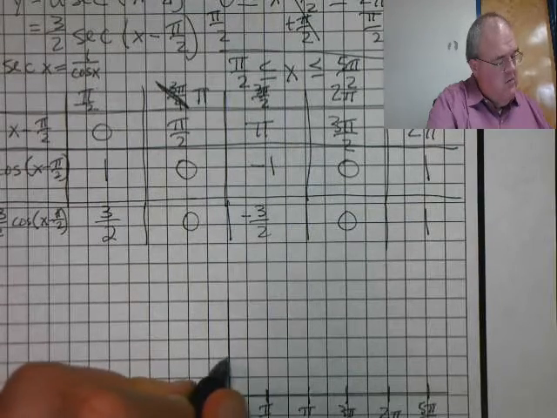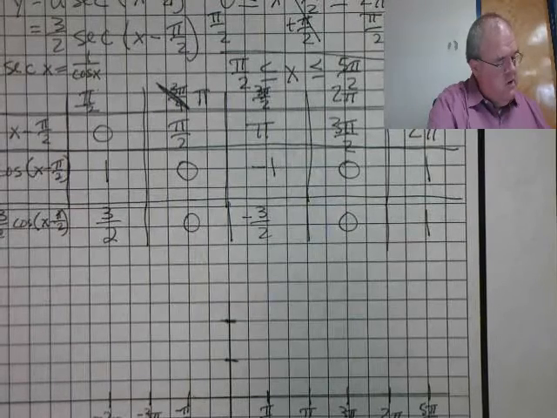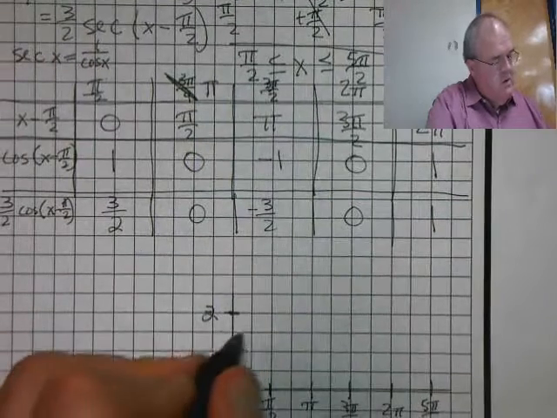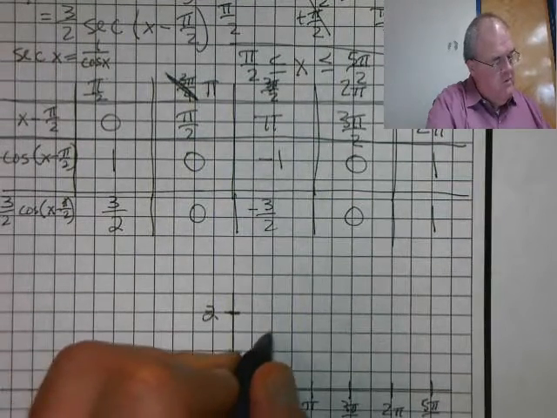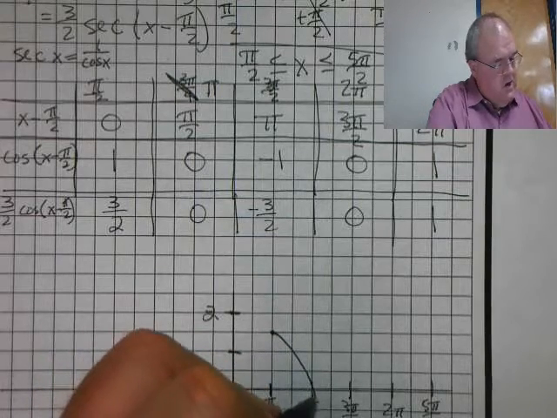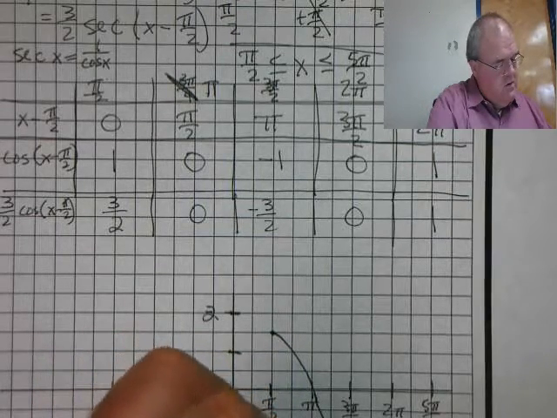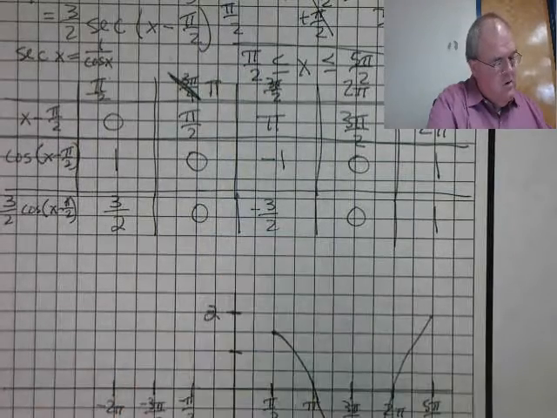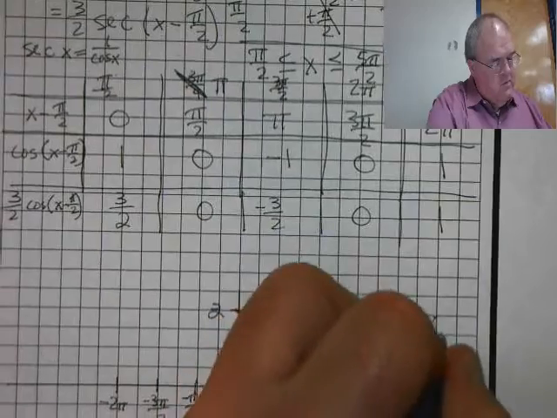So I'm going to have 1, 2, -1, -2. So 3/2 is going to start there. So it's going to come down. Oh, I went up one too many. So it's going to come there.